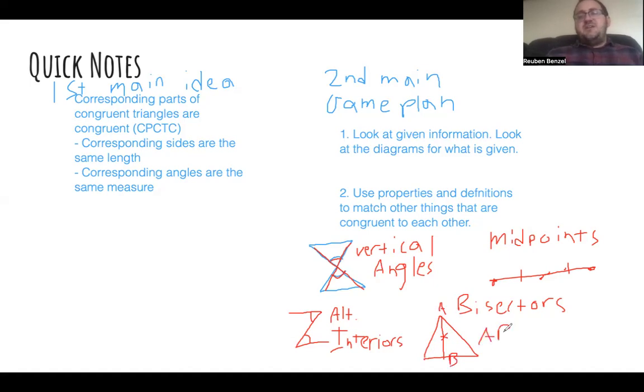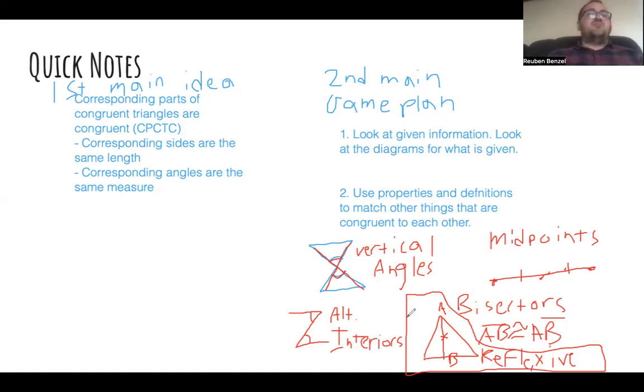So AB congruent to AB, and this would be a reflexive property. And I'm just going to box that because it got in a little bit of the way of the bisectors, but there we go.